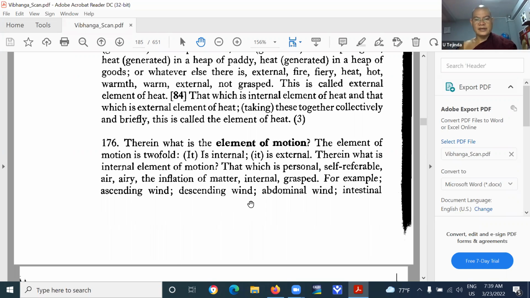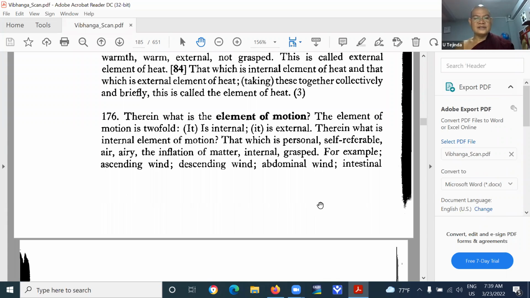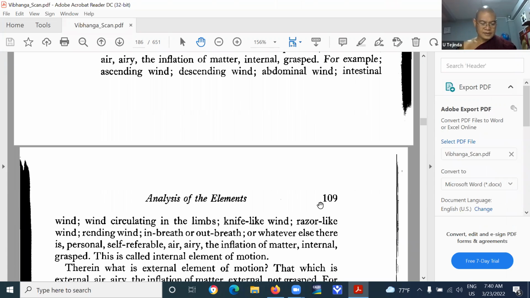Kosisiya Wata, the wind in our abdomen. Kutasaya Wata, the wind in the intestine. So such kind of wind.